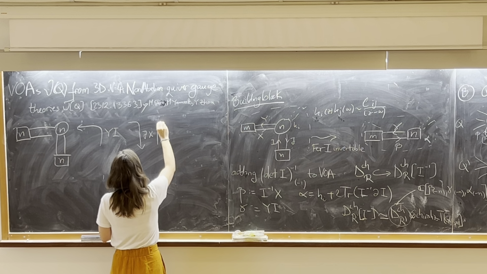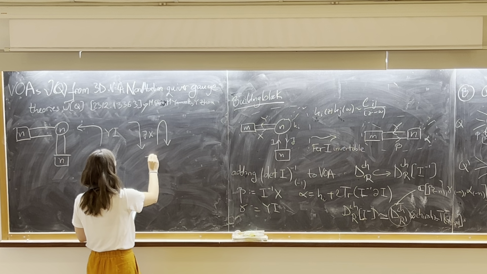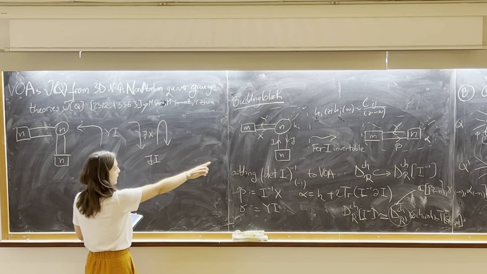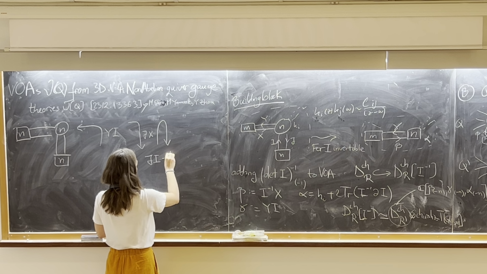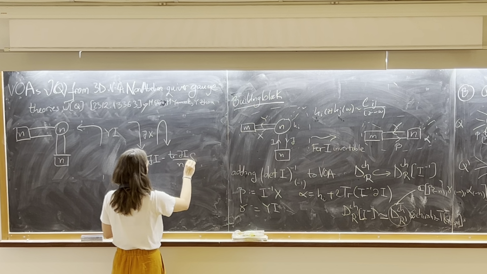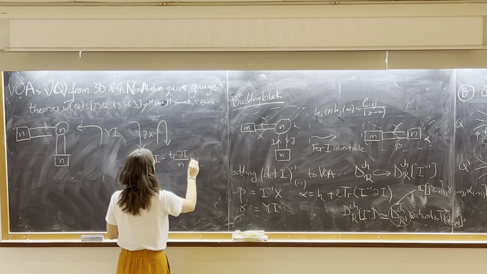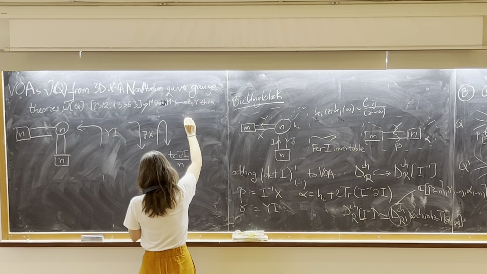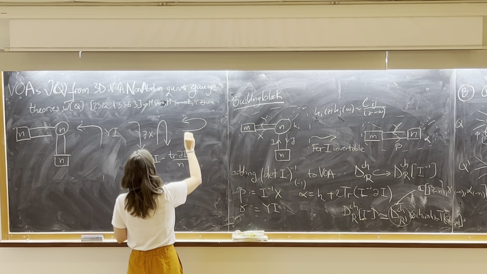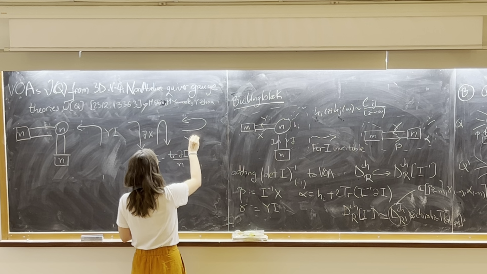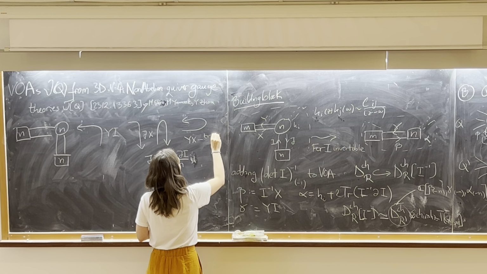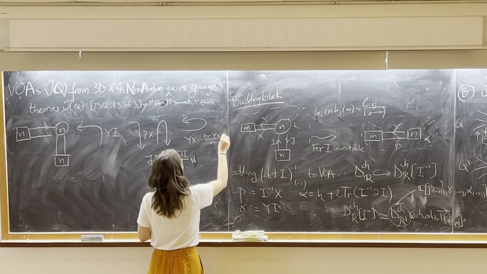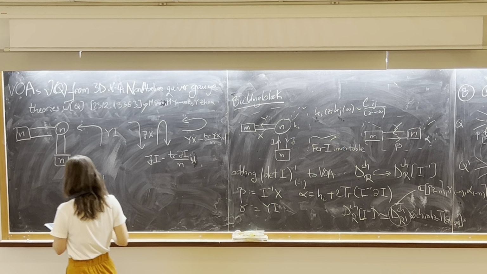Then there will be this JI, following the same arrows, minus trace JI to make this gauge invariant, times the identity. And then the last one, YX minus trace YX times the identity.